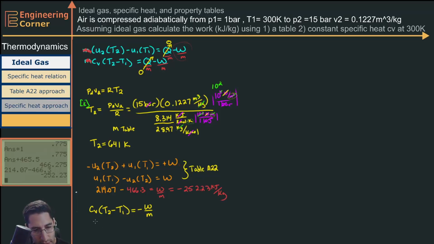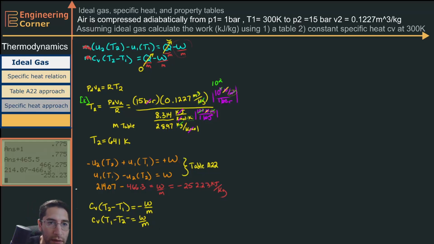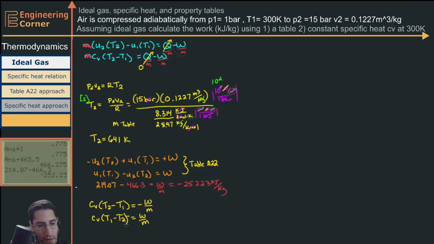So it's going to be CV of T1 minus T2 is equal to W over m. So I know everything except for what CV is. And we're told to use constant specific heat CV at 300 Kelvin.